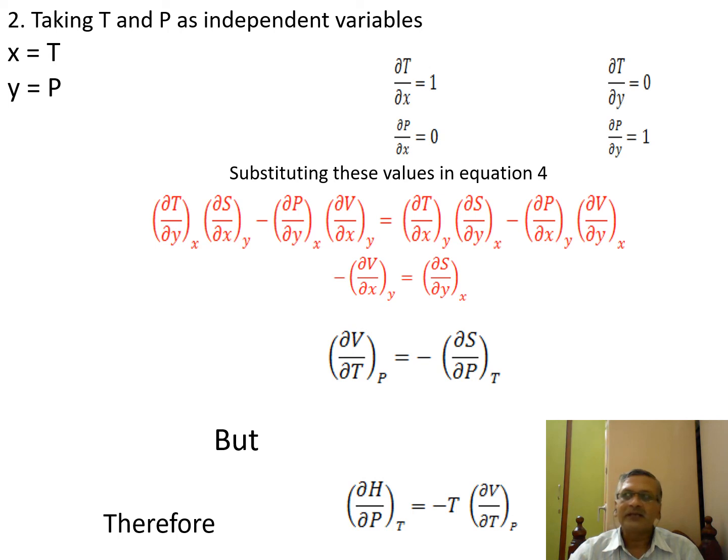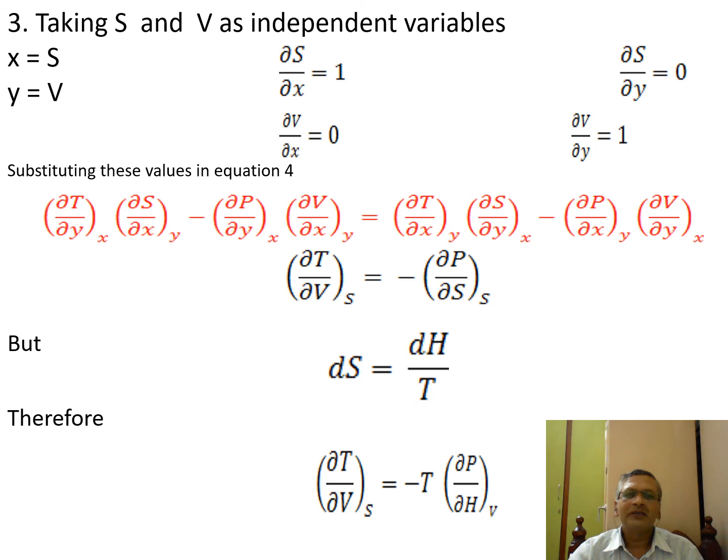Again, we know the second law of thermodynamics as ds is dh upon T. We can resubstitute here. ∂h upon ∂p is equal to minus T into ∂v upon ∂T, keeping pressure constant. Therefore, this is the second Maxwell's thermodynamical equation.